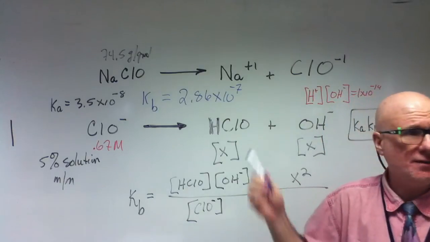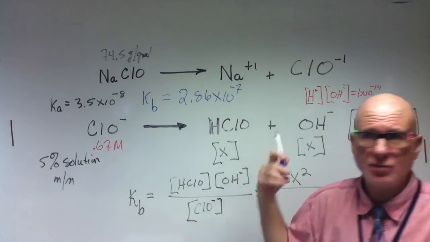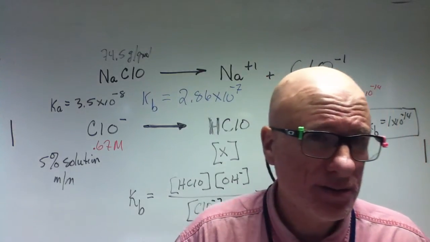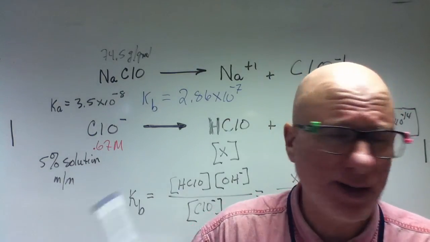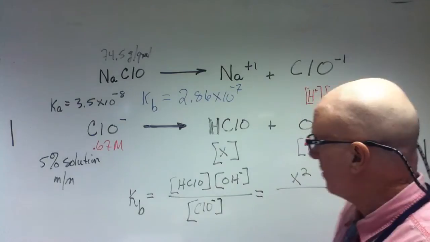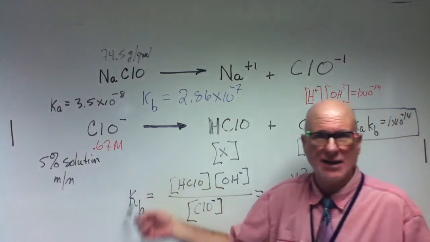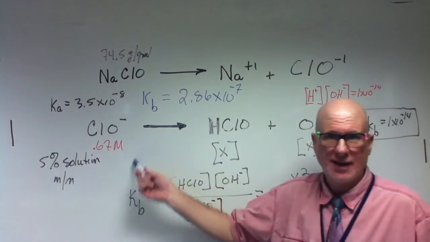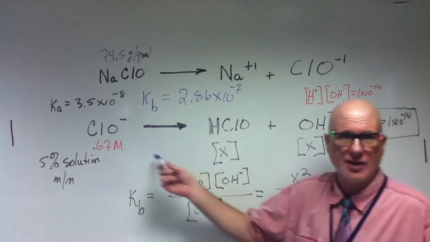Very small, isn't it? Is it really going to make a difference? I have another worksheet where it's not going to make a difference. It's just not that big of a deal. So why go through the headache of a quadratic?